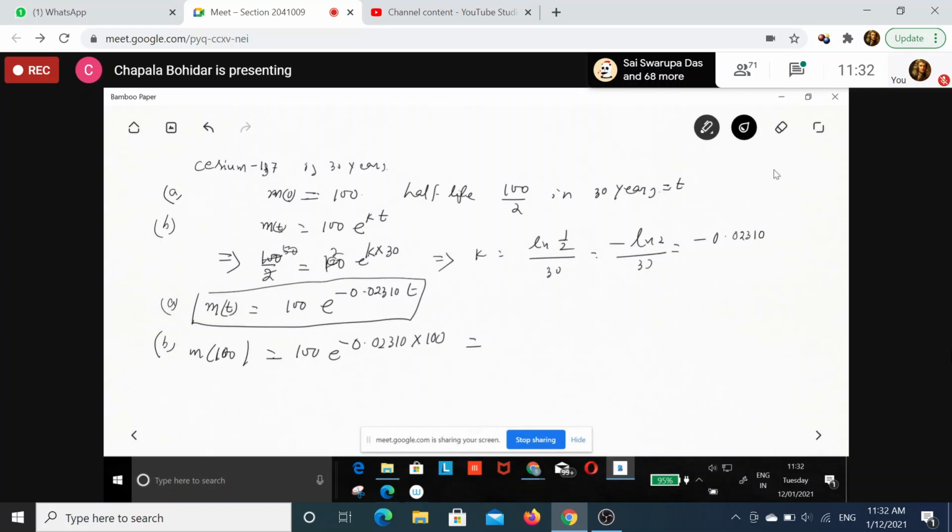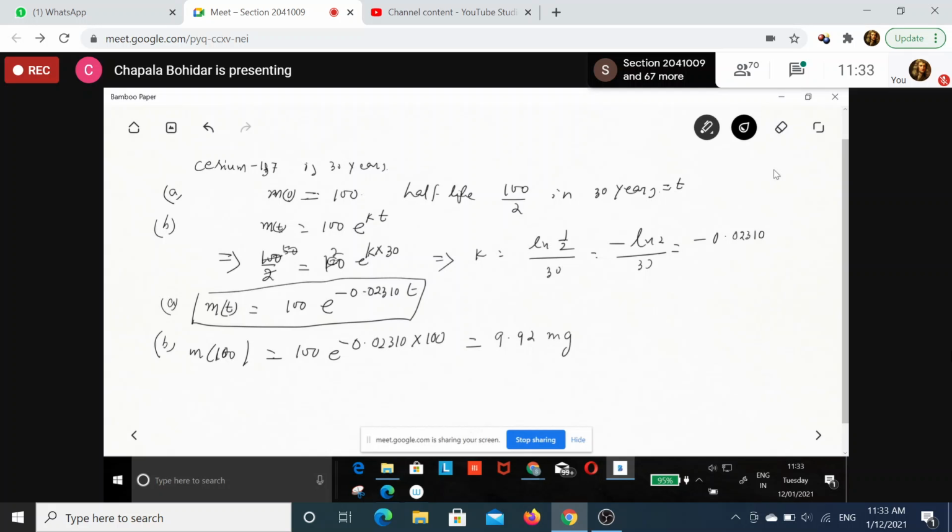After 100 years, 9.92 milligram. Almost 10 milligram.